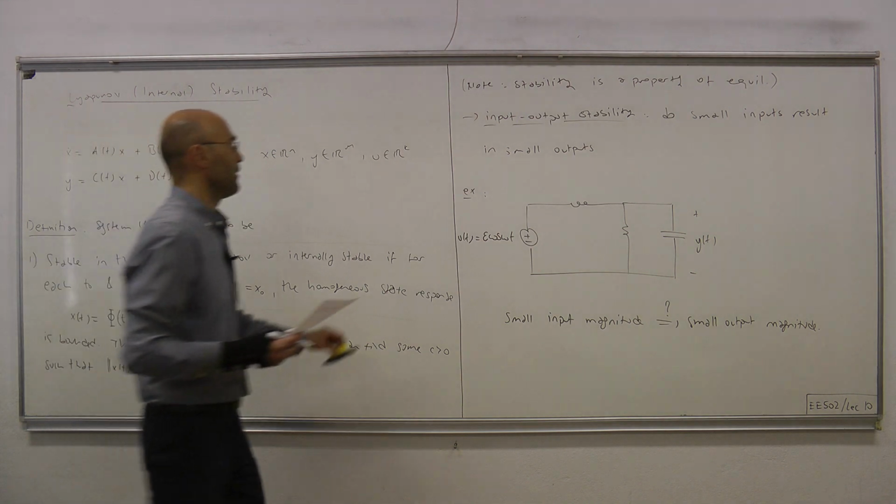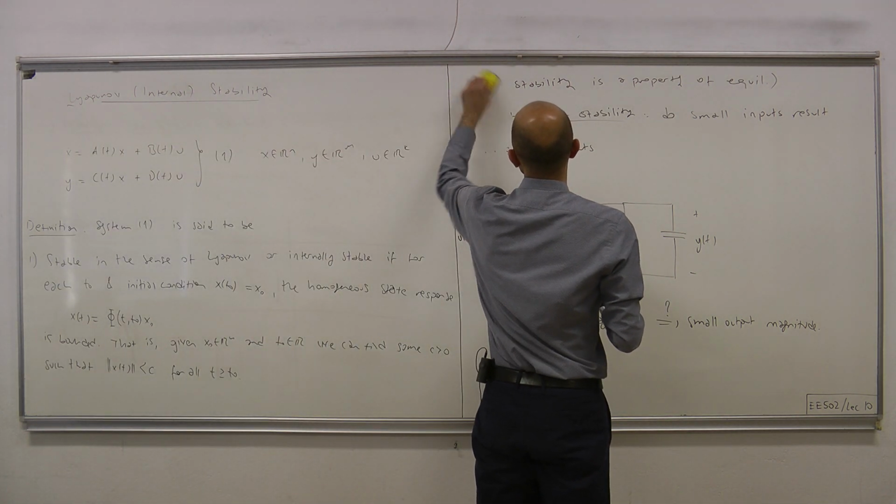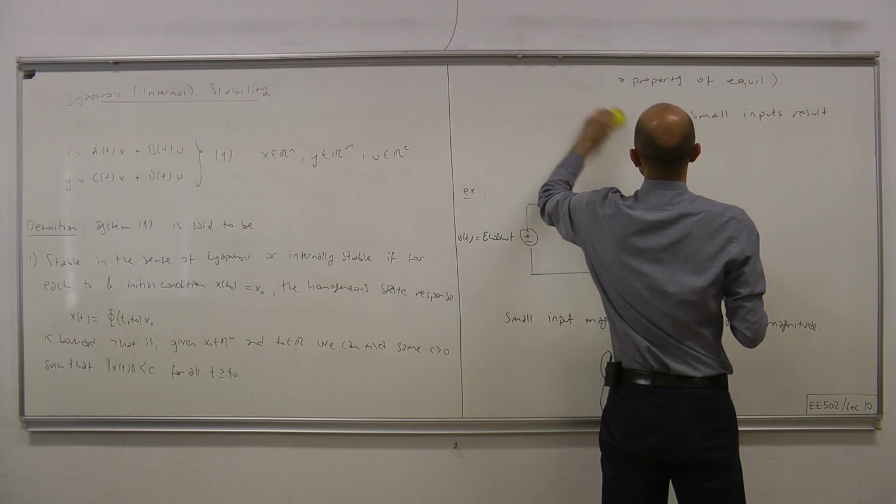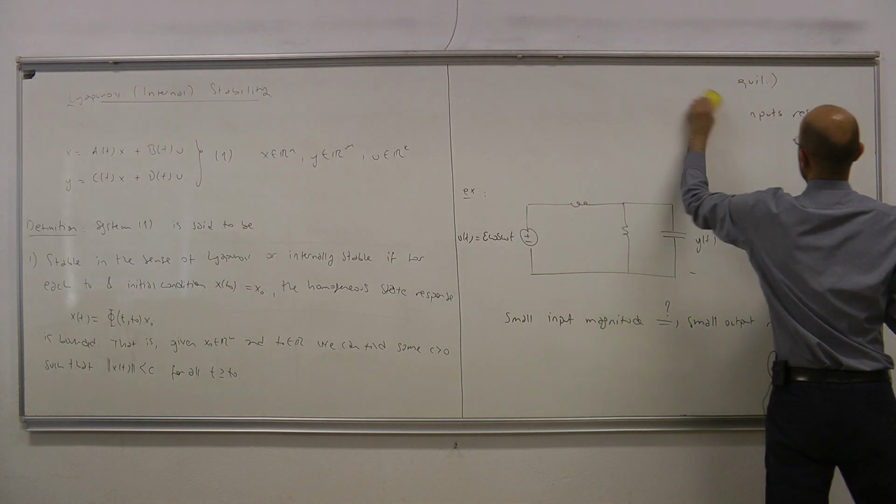Now, there are other behaviors that we also want to label, namely asymptotic stability and exponential stability.